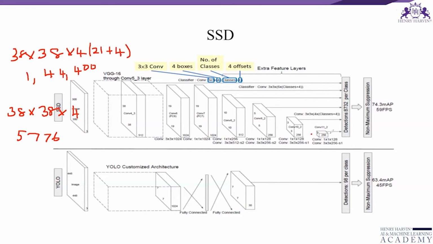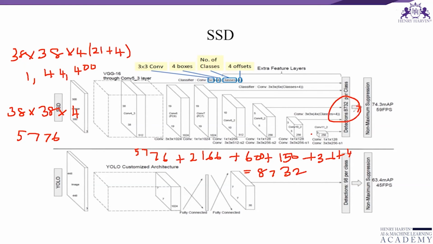If you add everything we got before, 5,776 plus 2,166 plus 600 plus 600 plus 150 plus 36 plus 4, totally we get around 8,732 boxes.